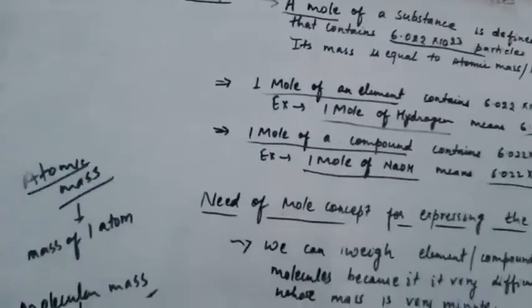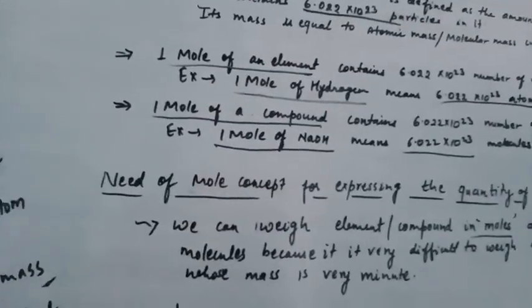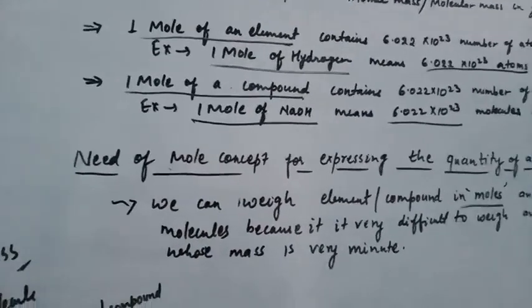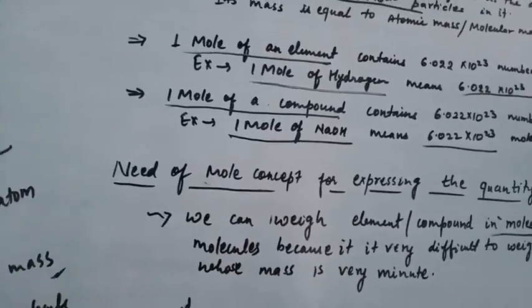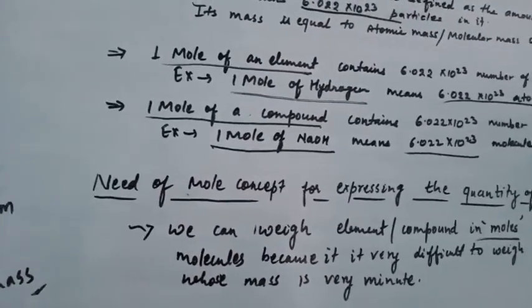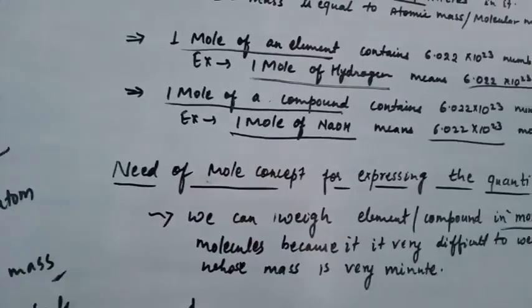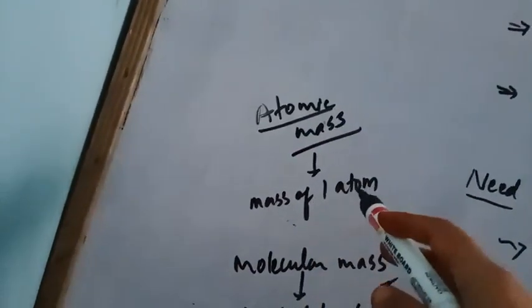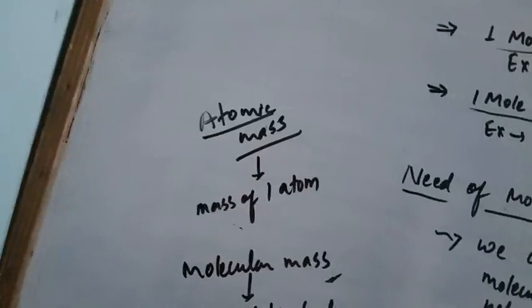So students, you should understand that in previous classes we learned to find out the atomic mass of any element and molecular mass of any compound. So you know that atomic mass of an element means mass of one atom of that element.